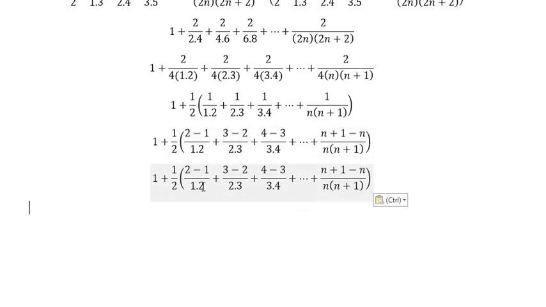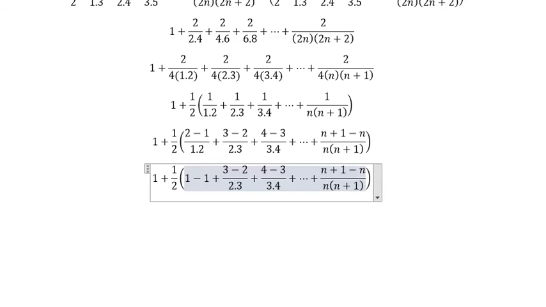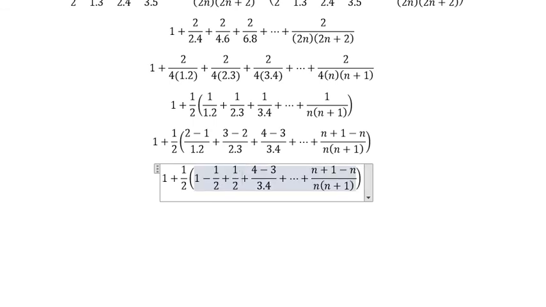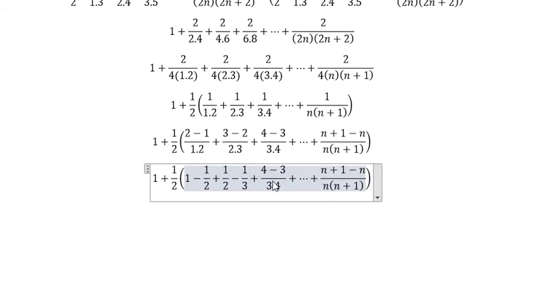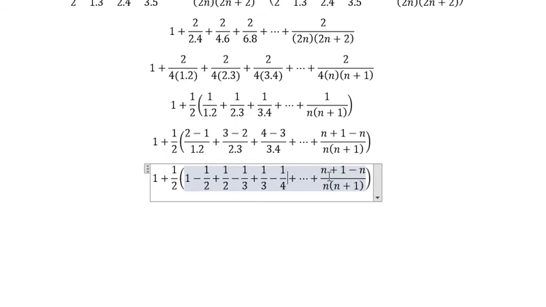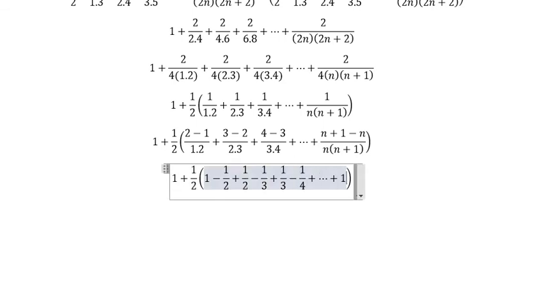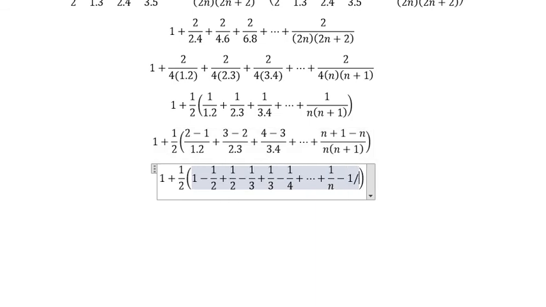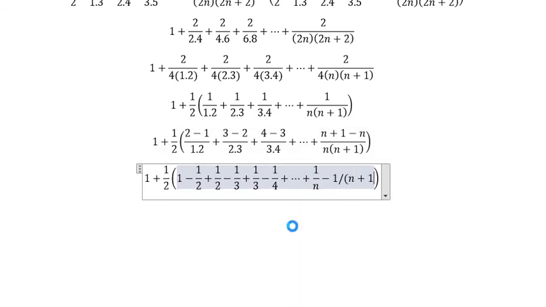We have 2 divided by 2 here, so you get 1. Negative 1 divided for this one, you get negative 1 over 2. We have 3 divided by 3, you get 1 over 2, negative 1 over 3, and so on. This one divided by this one, you get 1 over n. This one divided by this one, you get negative 1 over n plus 1.